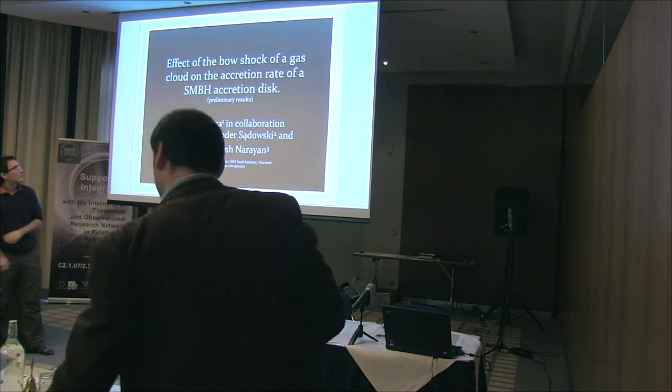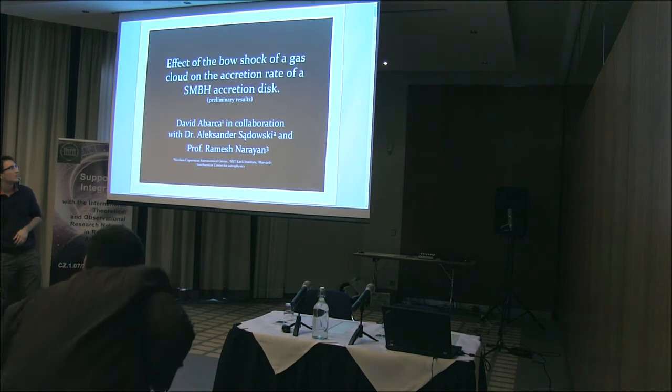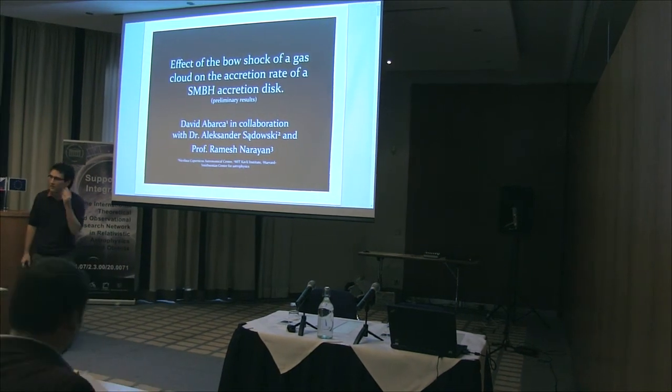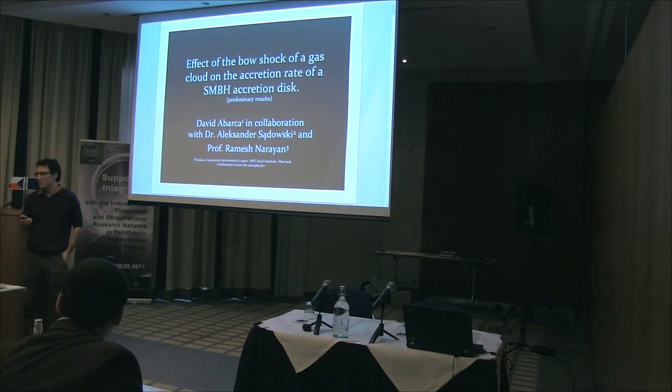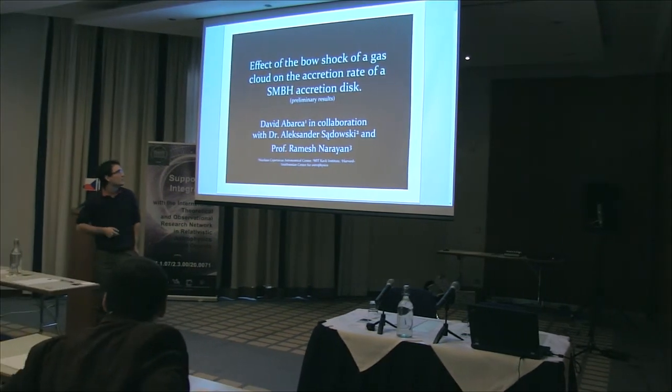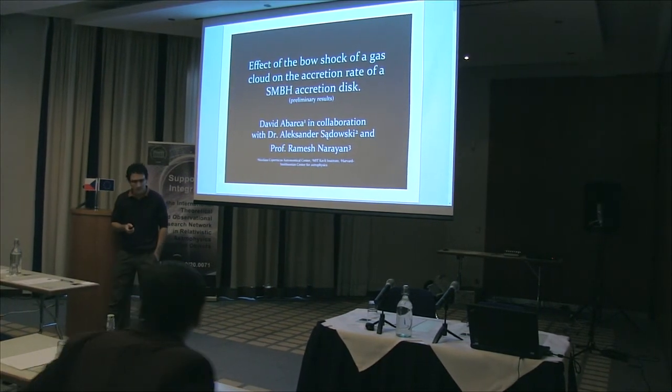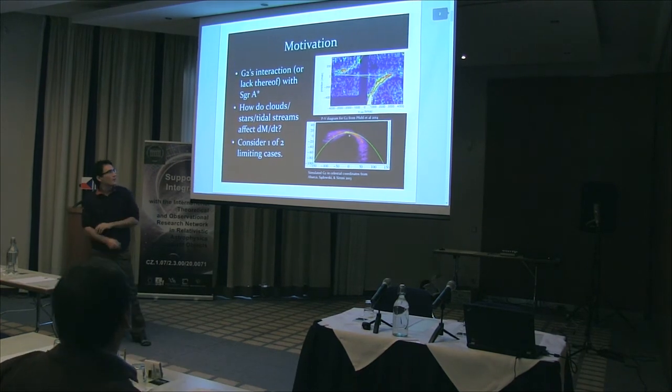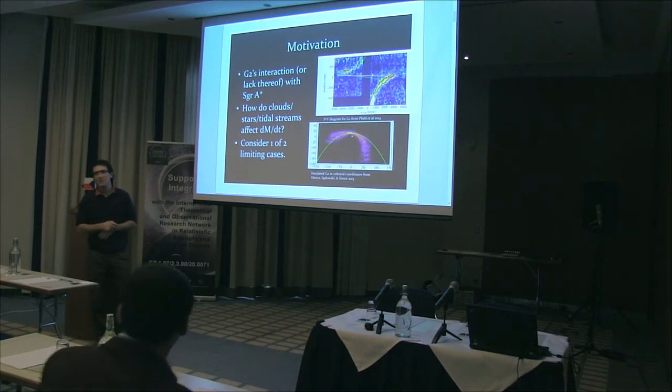So I will be talking about the effects of a bow shock from a gas cloud that is intersecting an accretion disk, something like Sagittarius A star. The motivation behind this is the G2 cloud.